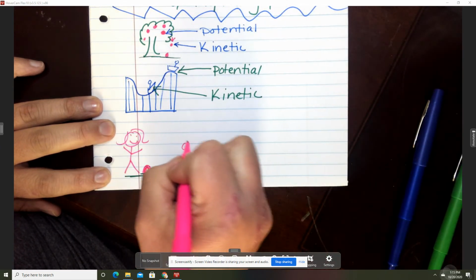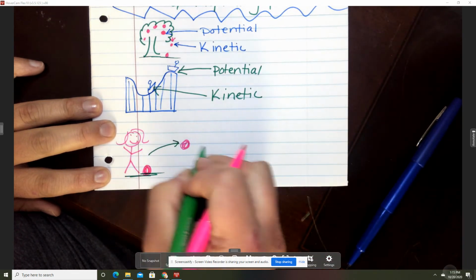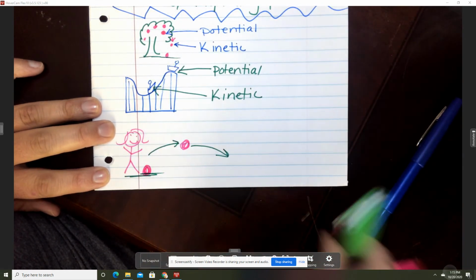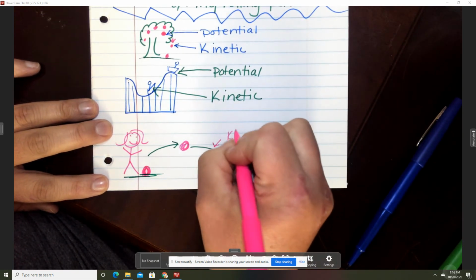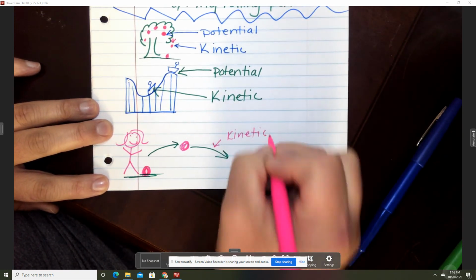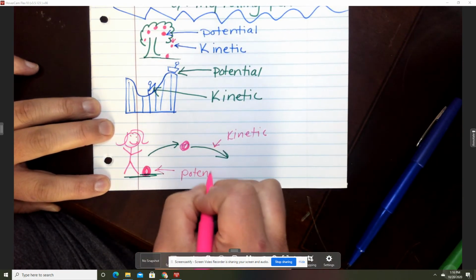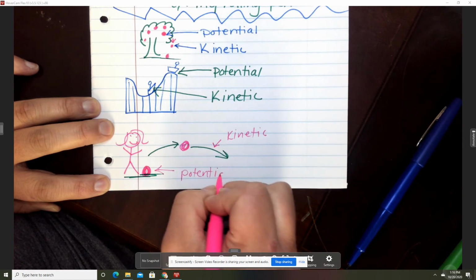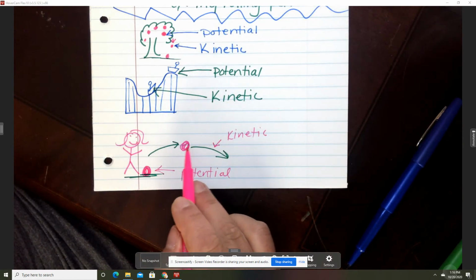But she has just kicked one, and it's going. It has what? Kinetic. And then this little fella has potential. It hasn't moved yet, but she's going to kick it at will. And once she kicks it, it's got kinetic.